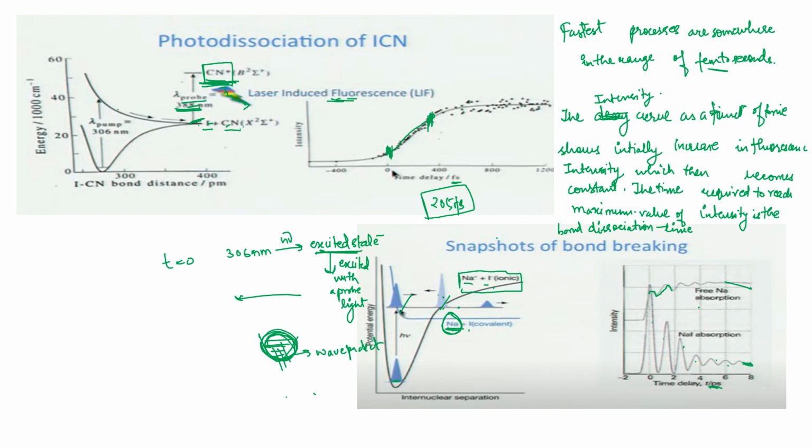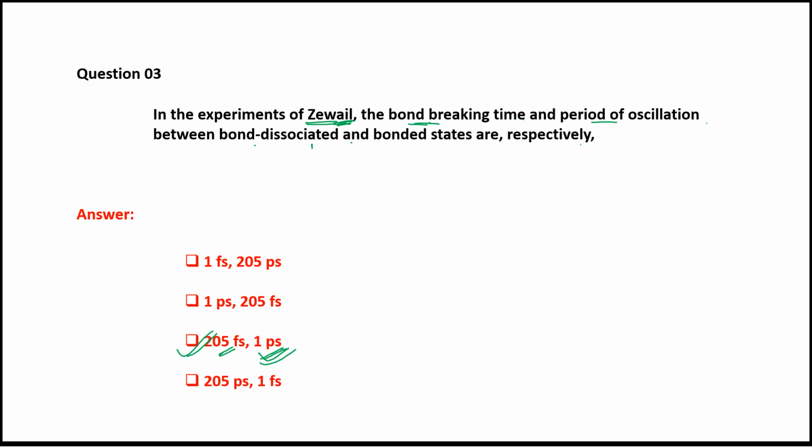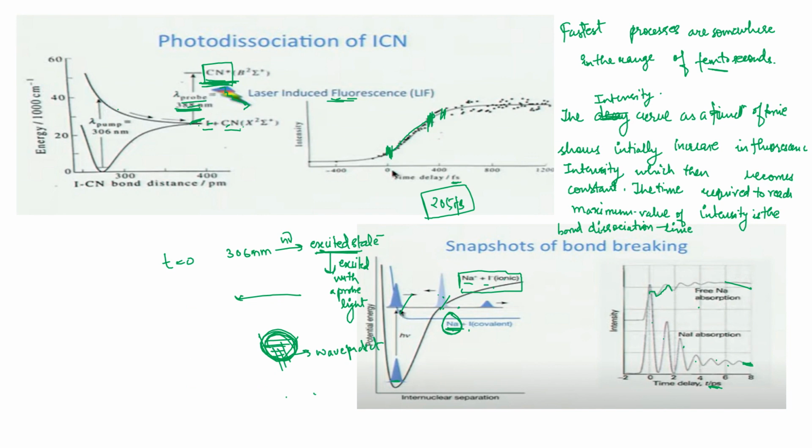When you record this fluorescence emission as a function of time, you will note that at time 0 there is no intensity for this emission, but as the time increases, the intensity of the fluorescence emission increases, which then becomes constant. When you calculate the time it has taken to reach the maximum possible value, you get the so-called dissociation time, or the bond breaking time.